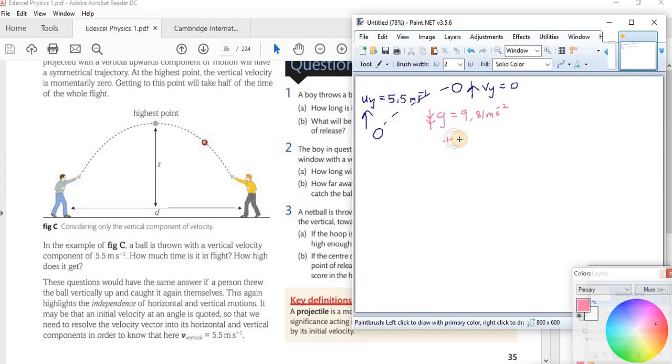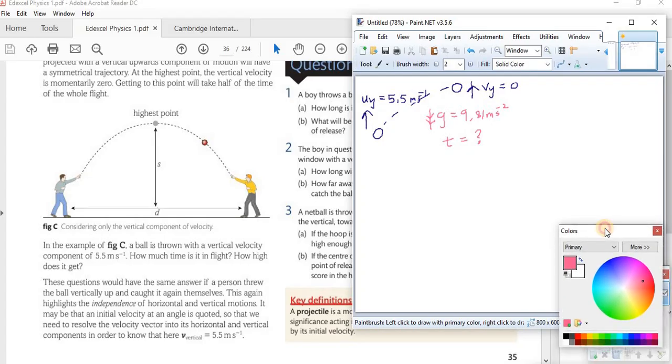Okay, so we are supposed to find t. The equation that has all these quantities is v equals u plus at. So we can use v equals u plus at, and v is 0.